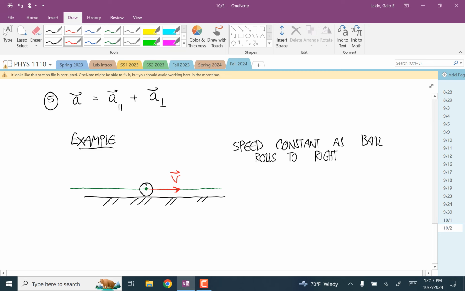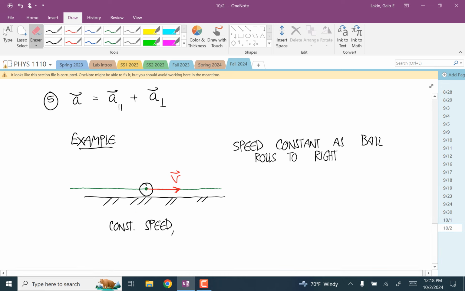Is it speeding up or slowing down? No, the speed is constant. So that means there's no A parallel. So I'm not going to draw anything in there. Is it turning? No, it's following a straight line. And so constant speed, not turning.